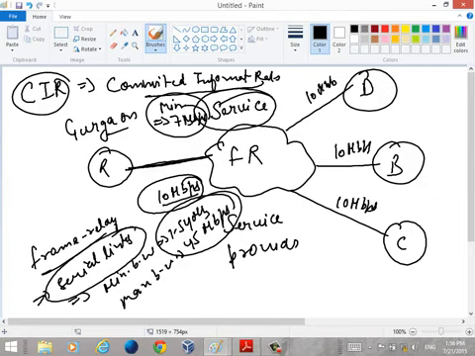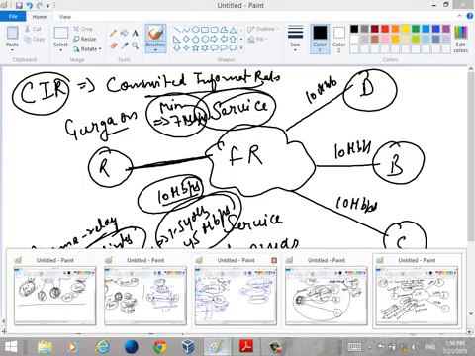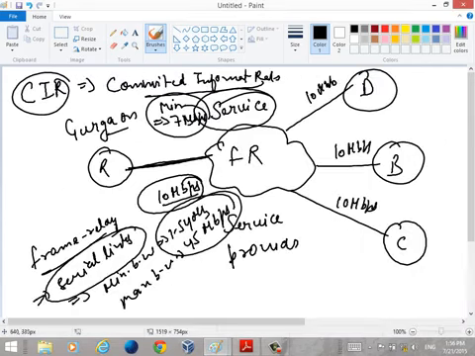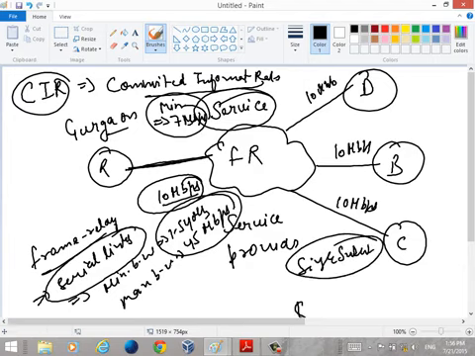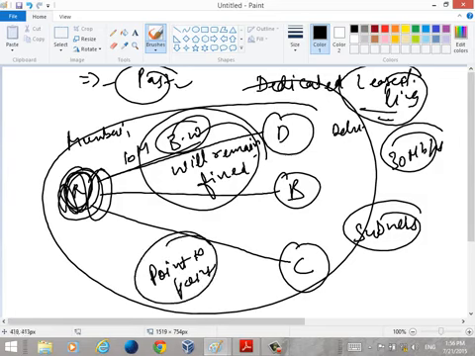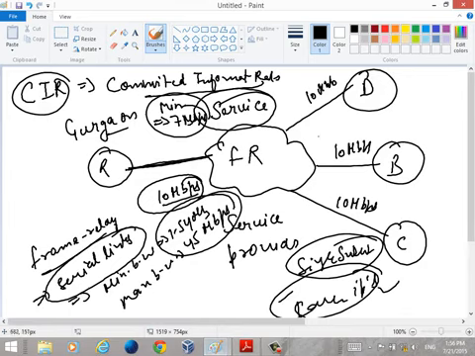If I go to the previous case, in this case, how many subnets do I have to purchase? Public IPs, 3 subnets. In this case, I can use a single subnet. It means that will save my IPs also. Yes or no? So this particular thing is called point to point, and this particular thing is called point to multi-point.